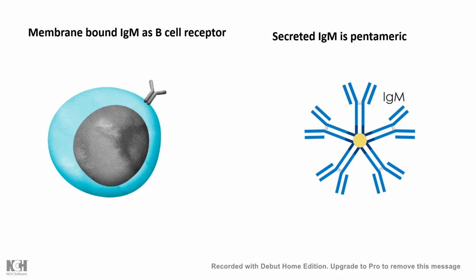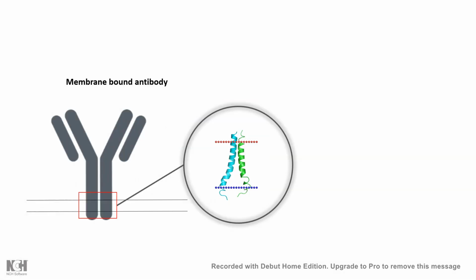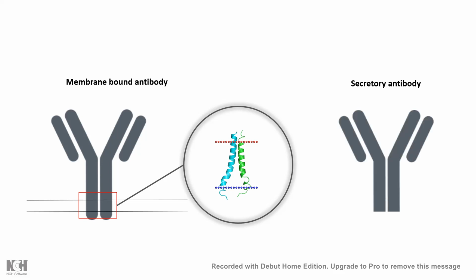It turns out the difference is in the transmembrane domain, which is only present in the membrane-bound form, the B cell receptor. When the B cell differentiates into a plasma cell and secretes the antibody, the secreted IgM doesn't have this membrane-bound domain, so it can be easily secreted and doesn't get tethered to the membrane, and with the J chain it forms a pentameric structure.